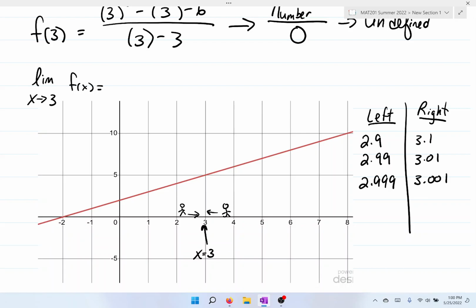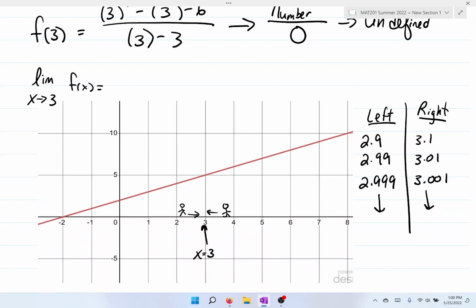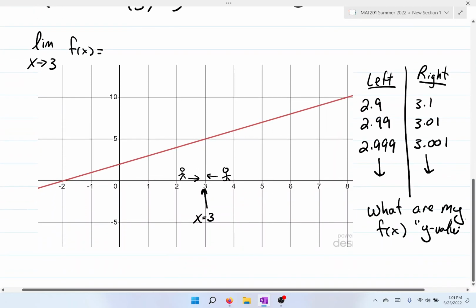I can keep making these values get arbitrarily closer and closer to 3. My question would be, if these get closer and closer to 3, what are my f of x, or if you want to think about it, what are my y values approaching?